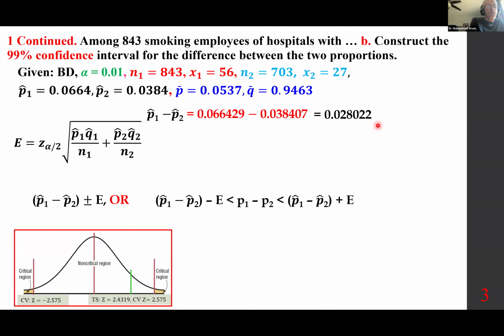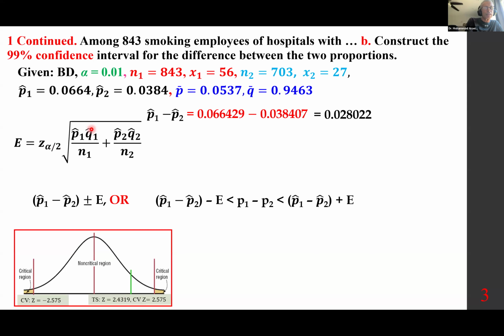The next one is E. The formula for E is Z alpha over 2, which is the same Z that we had in the previous page, times the square root of P1 hat Q1 hat over N1 plus P2 hat Q2 hat over N2. Again, the fact that this is a 99% confidence interval, a two-tailed test with alpha 0.01, they give us the same Z, so we don't have to look it up. We use the same Z, namely 2.575.